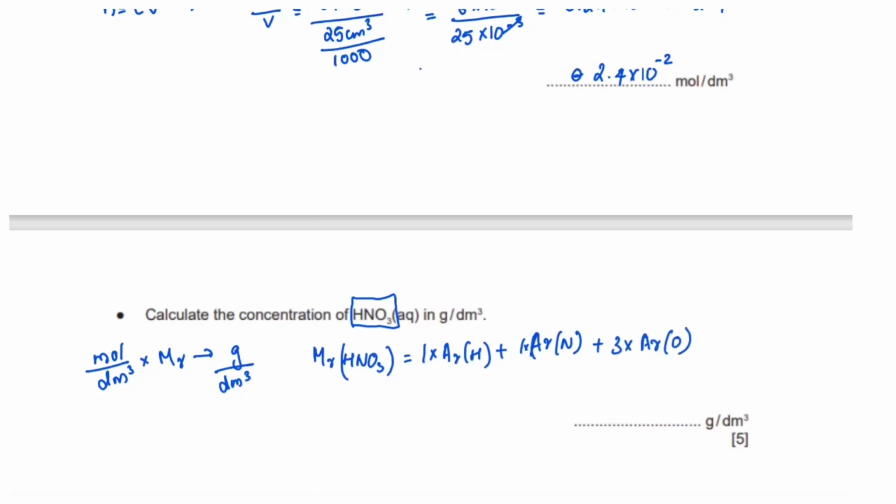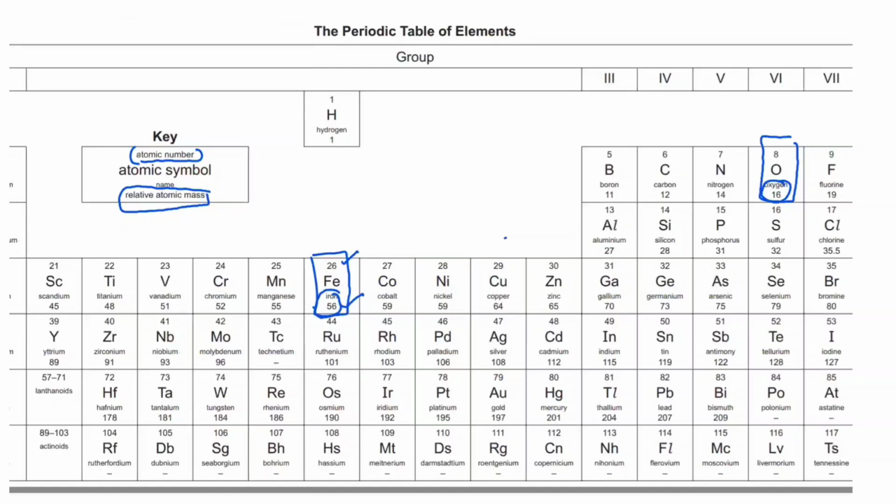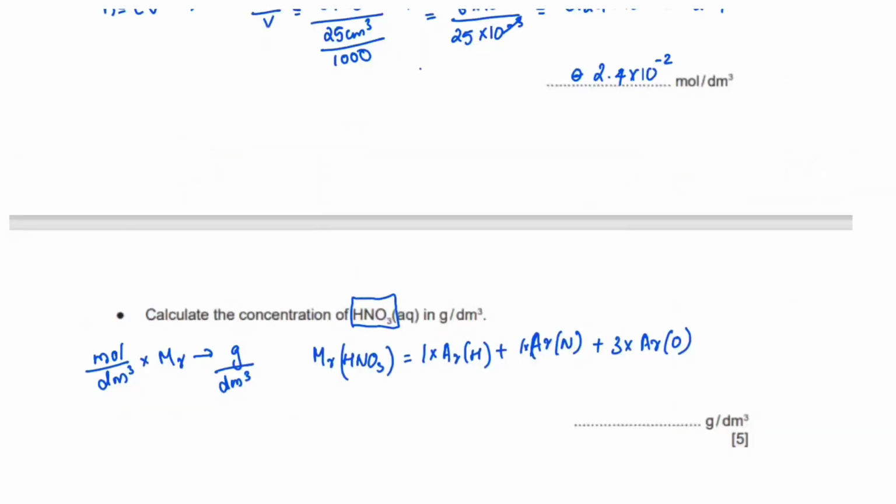If we look at the periodic table, for hydrogen, the atomic mass is 1. For nitrogen, the atomic mass is 14. And for oxygen, it is 16. So we'll substitute those: 1 into 1 plus 1 into 14 plus 3 into 16.